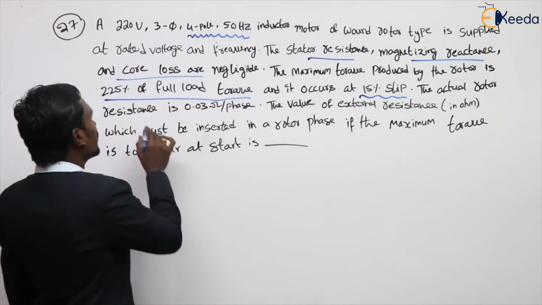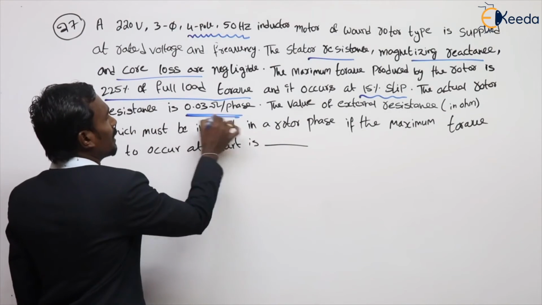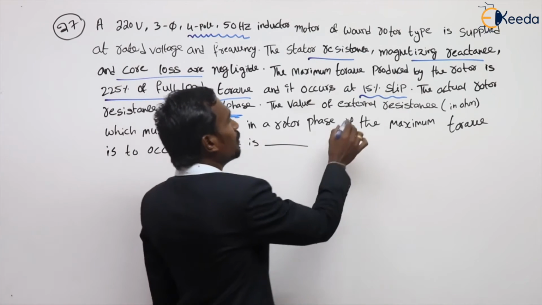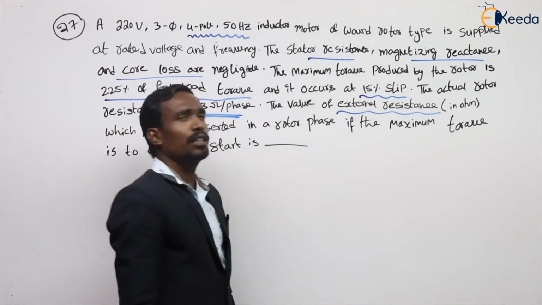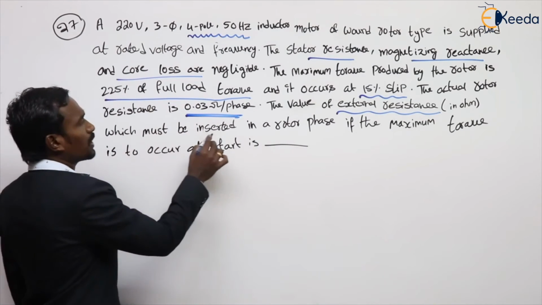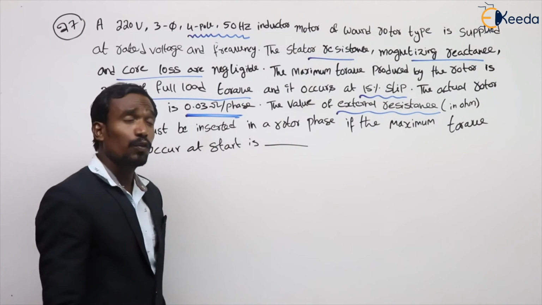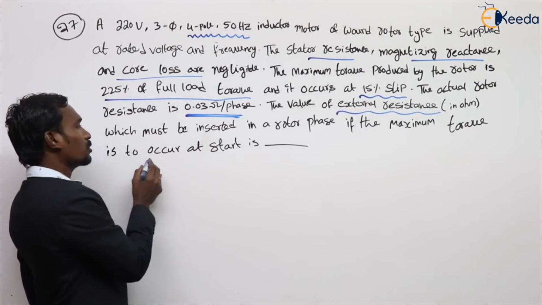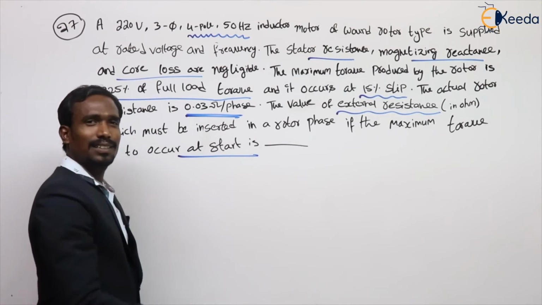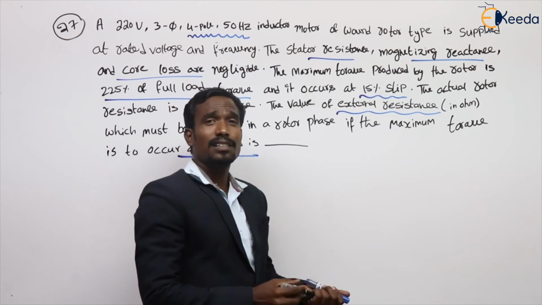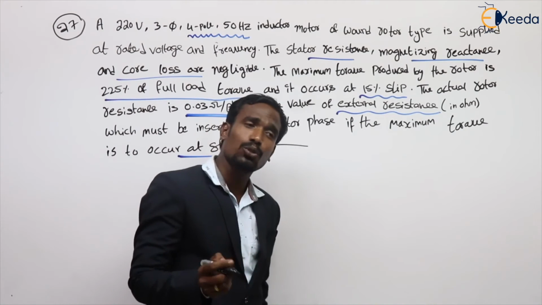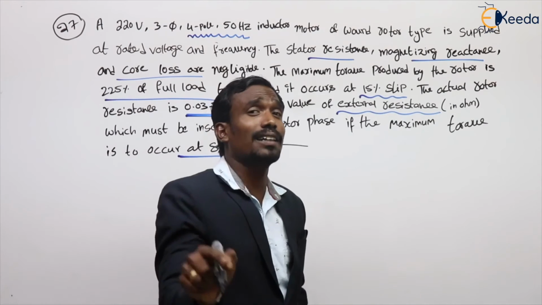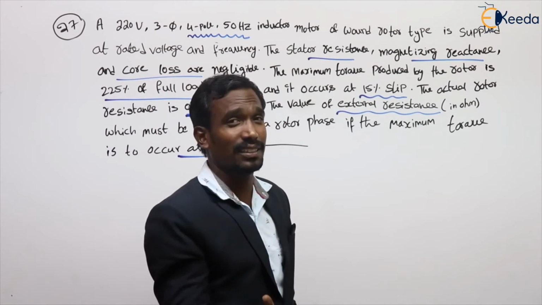The actual rotor resistance is 0.03 ohms per phase. What is the value of external resistance per phase which must be inserted in the rotor if the maximum torque is to occur at starting? They asked how much extra resistance we have to add in the rotor to get maximum torque at starting condition.